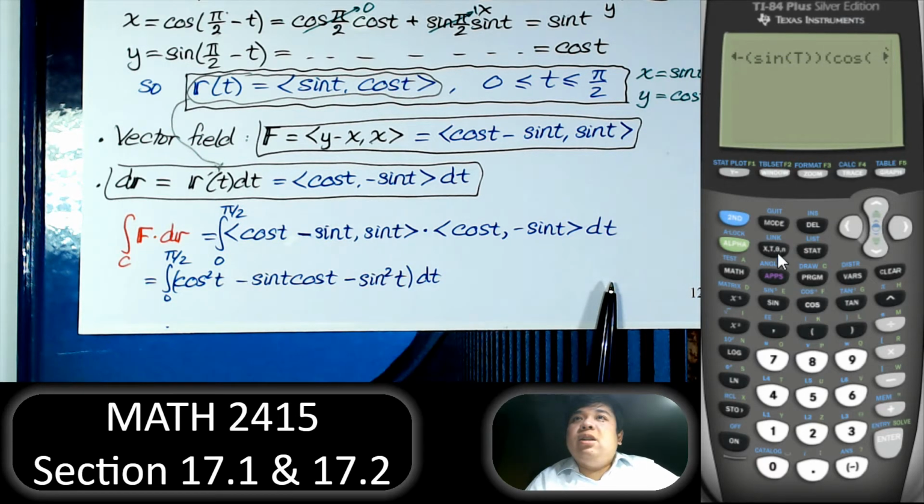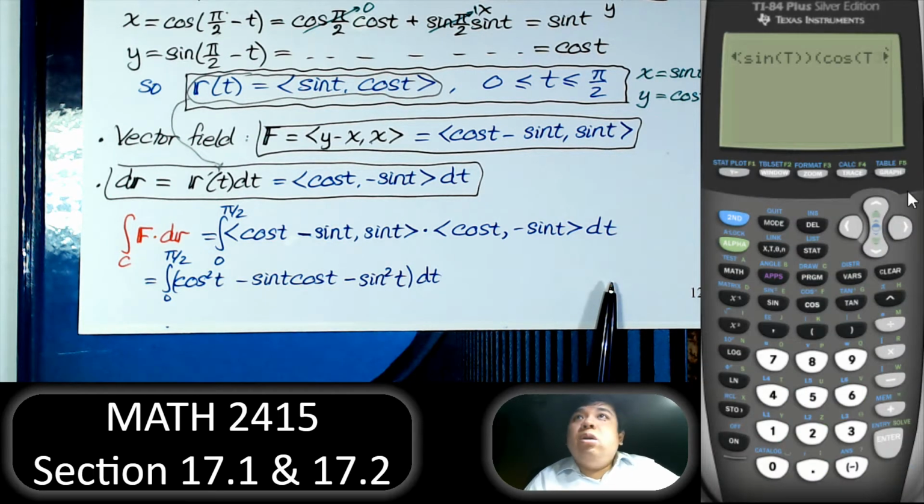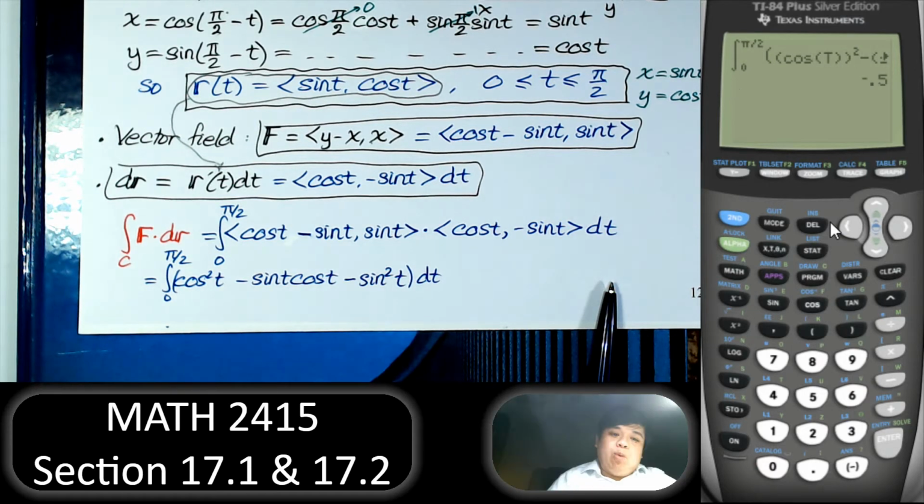Cosine of t, sine of t, minus sine t square dt. Right. Oh, negative 1/2.